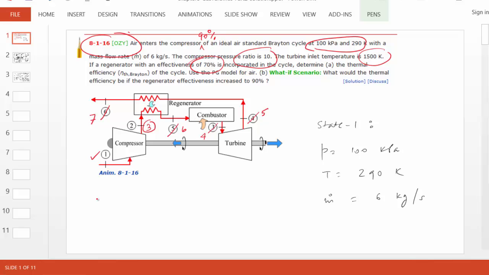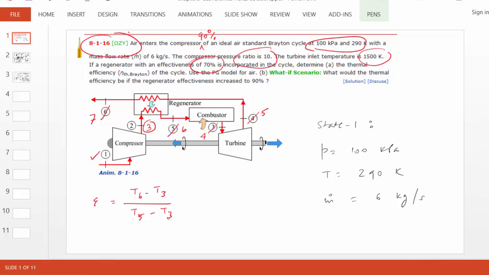So the effectiveness is defined as the rise in temperature of the compressed gas, which is T6 minus T3, divided by the maximum possible rise. And we understand, because 5 is the hottest gas that enters the regenerator, T5 is the highest temperature we could have gotten in a perfect regeneration system.